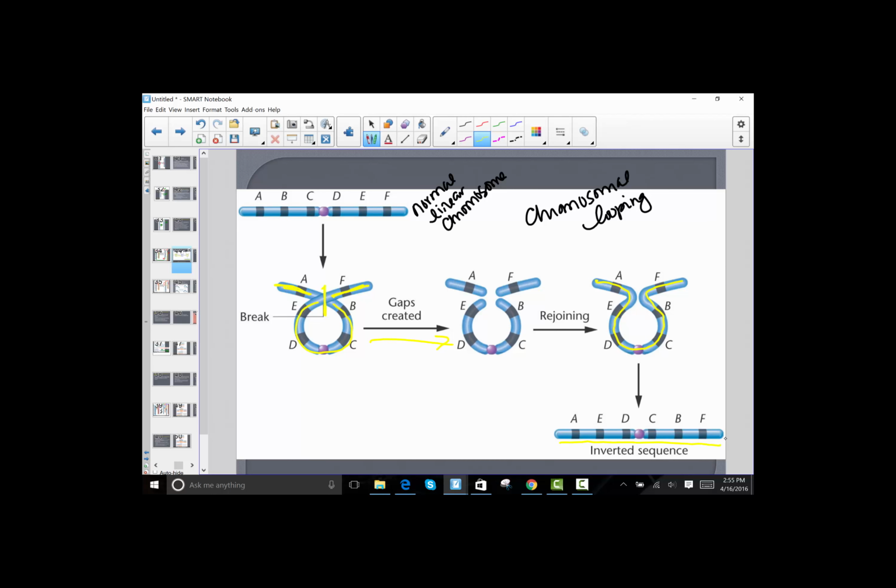So if you tried to match this chromosome with this chromosome up here, obviously there's going to be differences. And it would be very difficult for these chromosomes to match up with each other if they are now found in the same individual and are acting as homologs for each other.